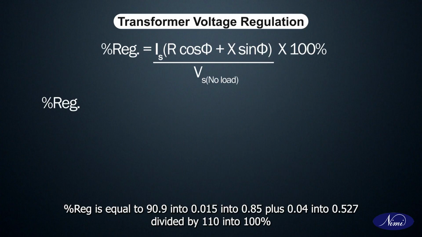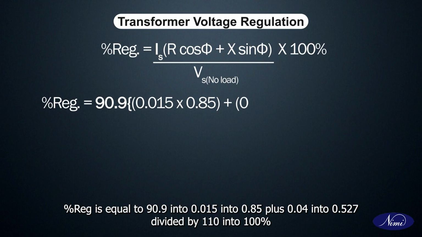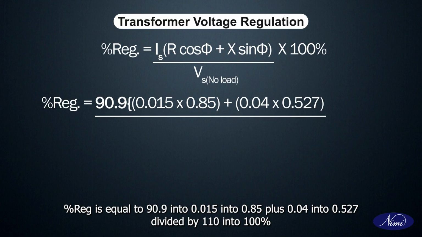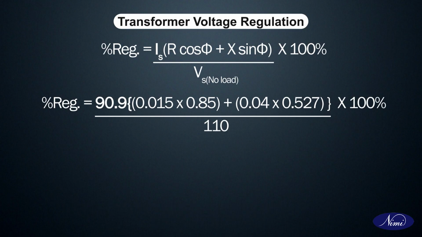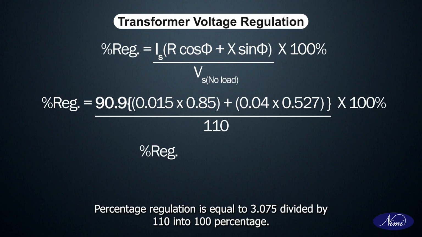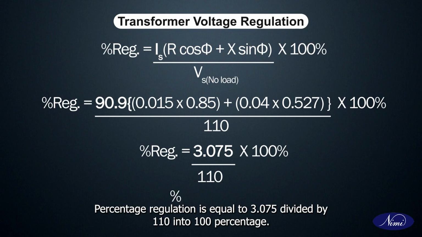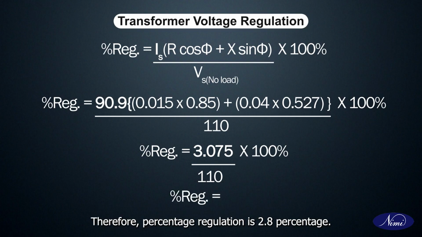Percentage regulation is equal to 90.9 into 0.015 into 0.85 plus 0.04 into 0.527 divided by 110 into 100%. Percentage regulation is equal to 3.075 divided by 110 into 100%. Therefore, percentage regulation is 2.8%.